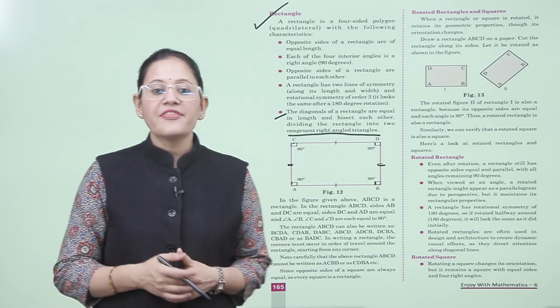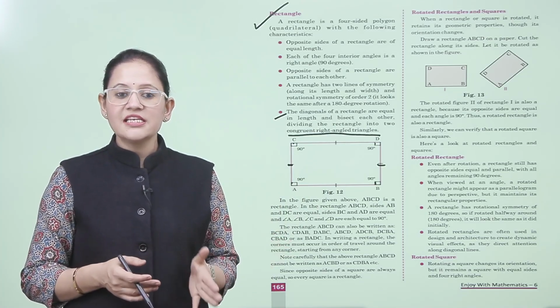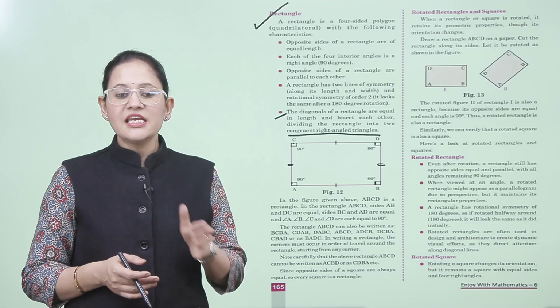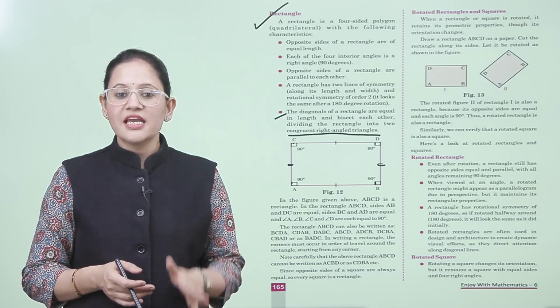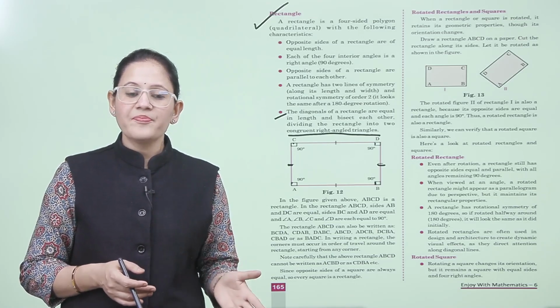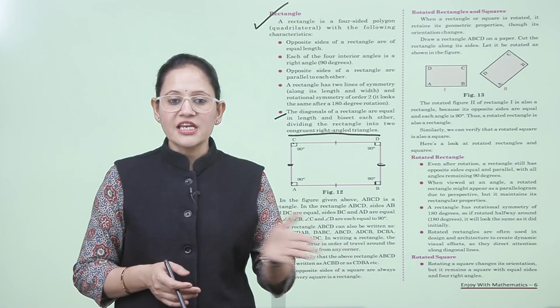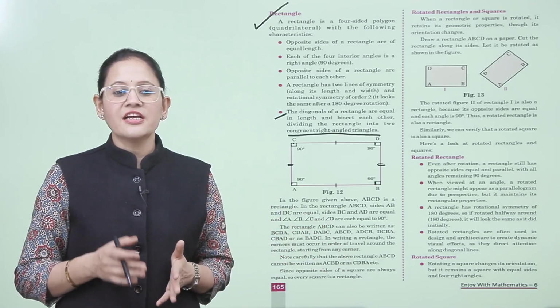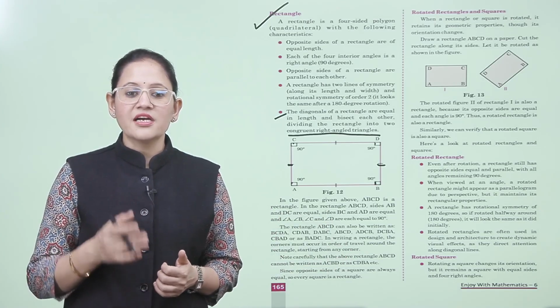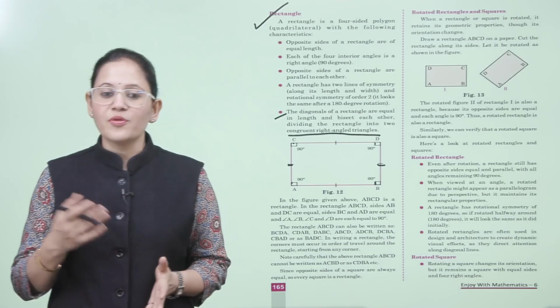Clear? The rectangle ABCD can also be written BCDA, CDAB, DABC, ADCB, DCBA or BADC. So, we can name the rectangle in any of these ways. In writing the rectangle, the letters must occur in order to travel around the rectangle starting from any corner.